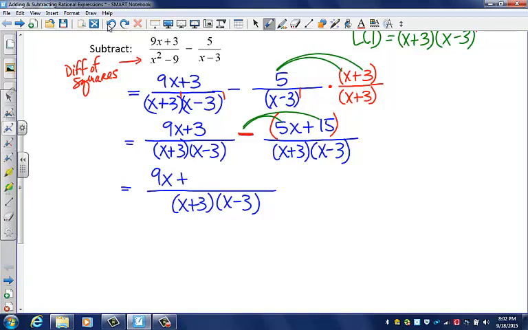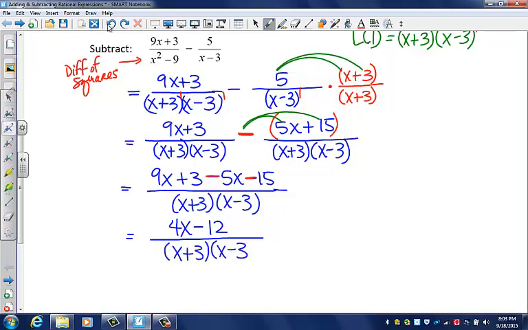So I have 9x plus 3 minus 5x minus 15. I distributed the negative. And now I can just combine like terms. So 9x minus 5x is 4x. 3 minus 15 is negative 12.